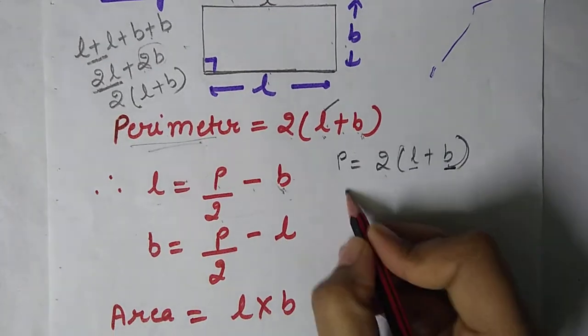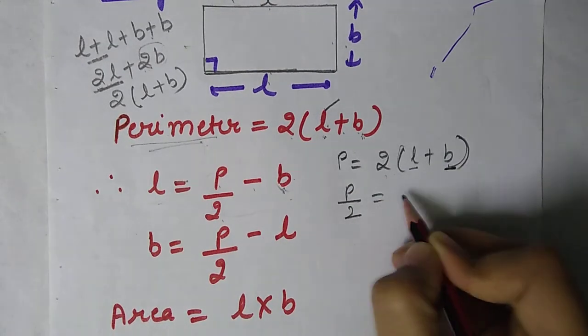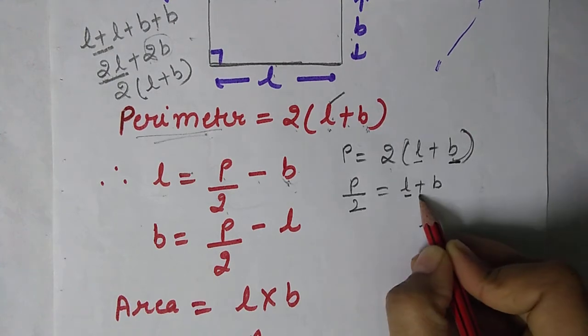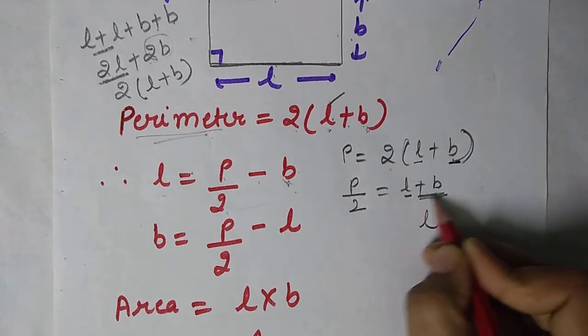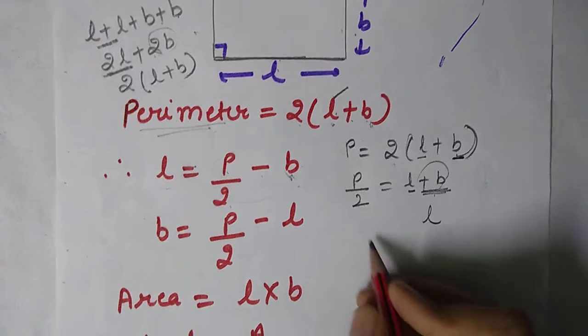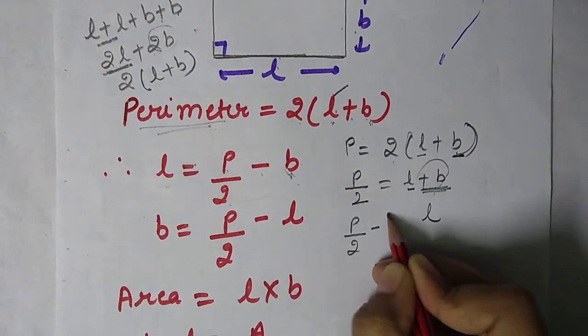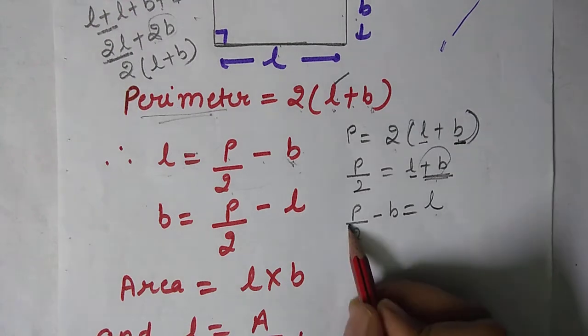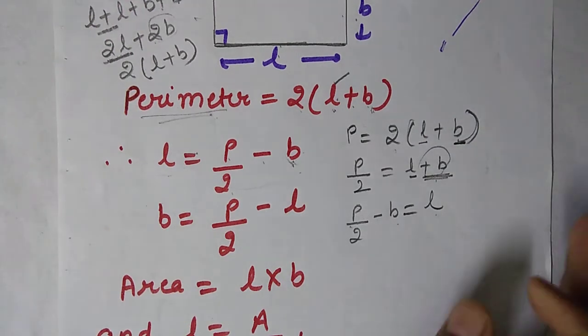If I change its side, it will be in division. P by 2 equals L plus B. As I have to find L, I have to shift this B to this side, and on shifting it will change the sign. So it will be P by 2 minus B. So this is how you can find length if perimeter and breadth of the rectangle are given.